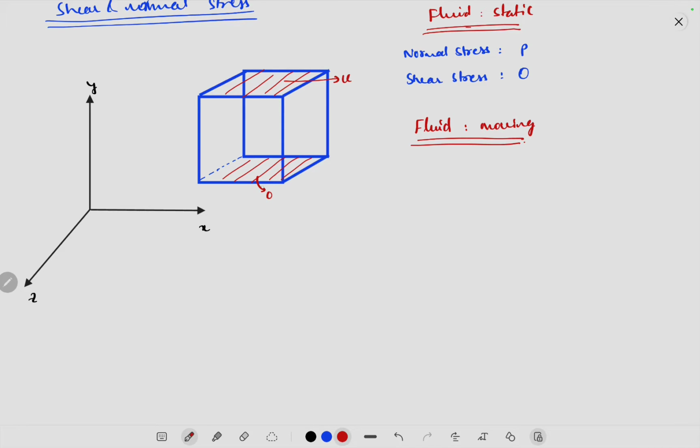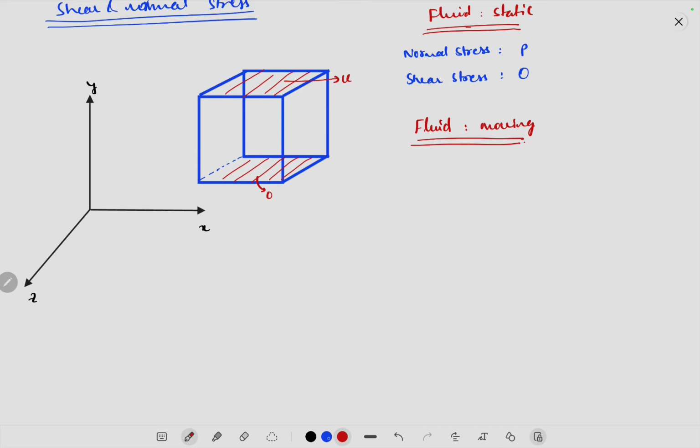So this will have 0 velocity and this will have u velocity. Let's say the relative velocity between the fluid layers is u, and let's say this u is constant and directed along the x-axis.